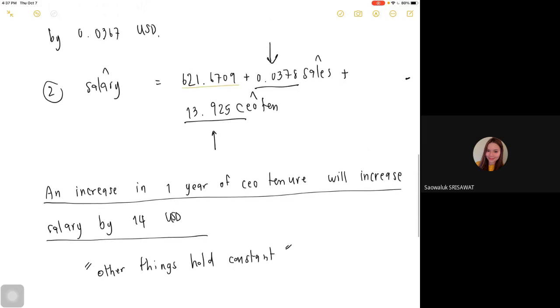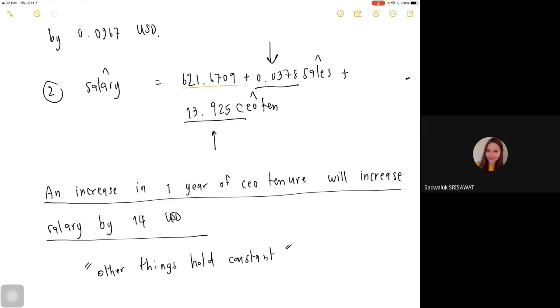The same as when you interpret sales. An increase of $1 of sales will increase salary by 0.03 US dollars, keeping other things constant. It means that you just let only the sales variable change and keep other variables in your model constant.